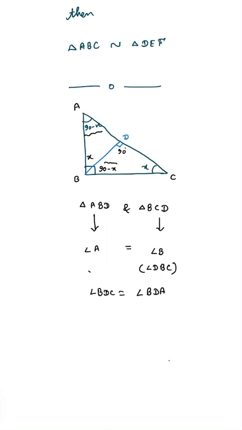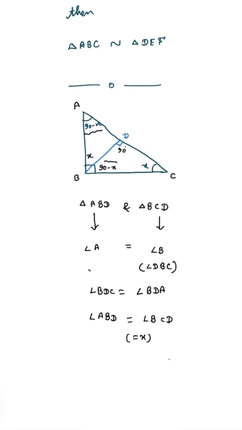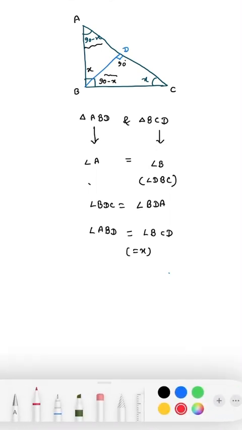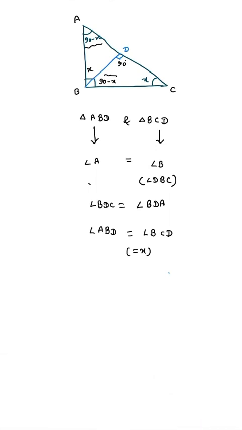Now if these two angles are equal, of course the third angle will also be equal, and it is evident that angle ABD is equal to x, and angle DBC in triangle BCD, both are equal to x. Now by AAA criteria, these two triangles are similar.